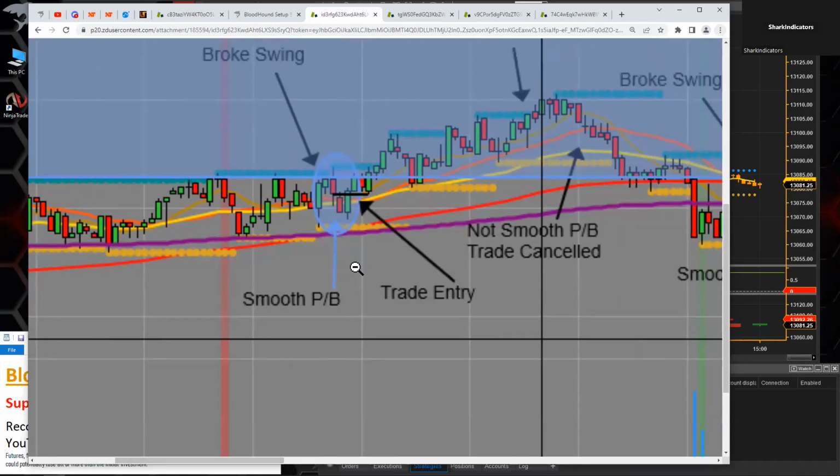Again, there's a lot of discretion within this system here. And to convert this into BloodHound, we're going to strip away all this discretionary stuff and just go with a hardcore set of rules there. That's what happens when you convert something into a signal.